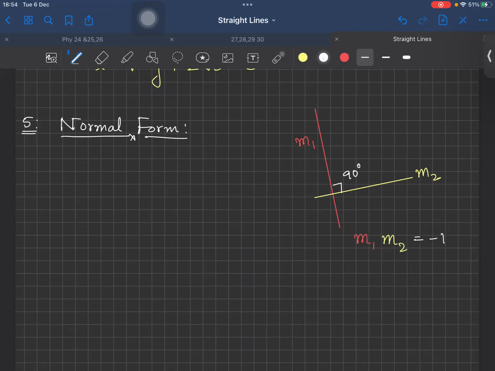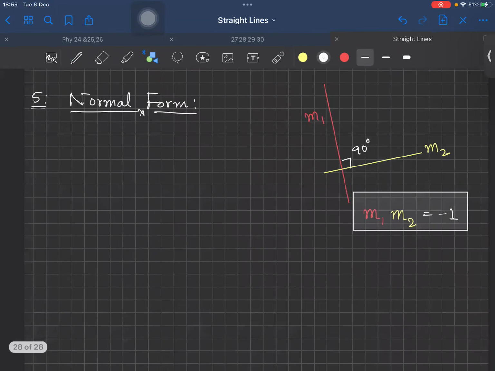We have proved this, right? If two lines are perpendicular, the product of their slopes is -1. If two lines are parallel, their slopes must be equal.